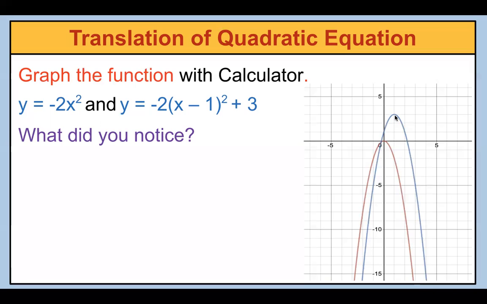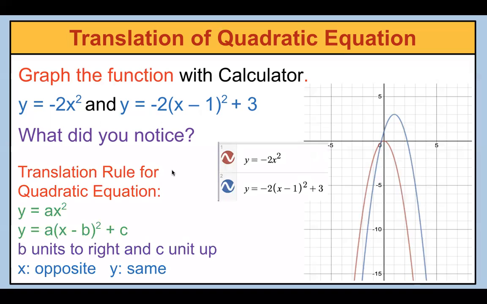If this is minus 1, your x value is positive 1. If you plug in x equal to positive 1, everything becomes 0, right? Then the y value is 3. So when x is 1, the function value is 3. Everybody get it? When x is 1, this becomes 0, so y equals 3. So this is the vertex. Remember, x is opposite, y is the same. We should remember this, right?